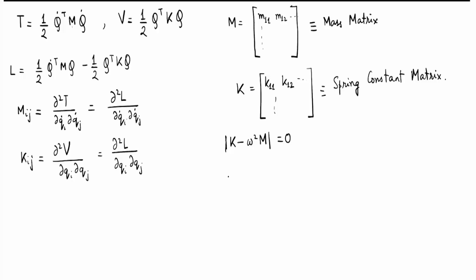So you take the determinant of K minus omega square M equals 0, then you will get the eigenvalues.